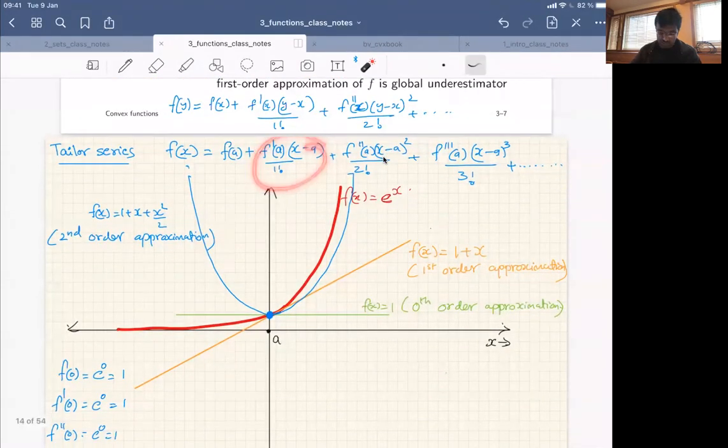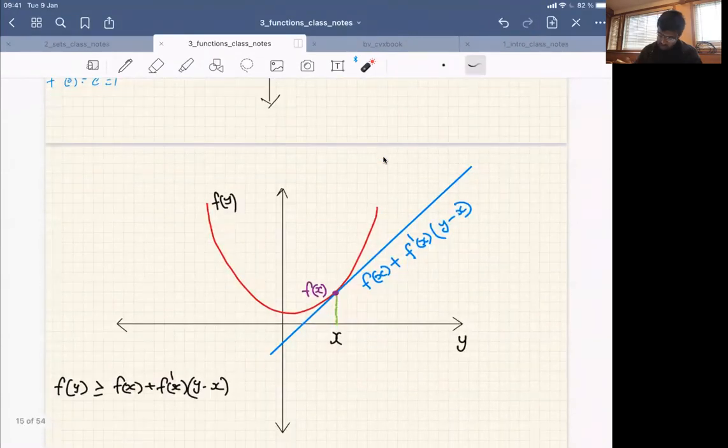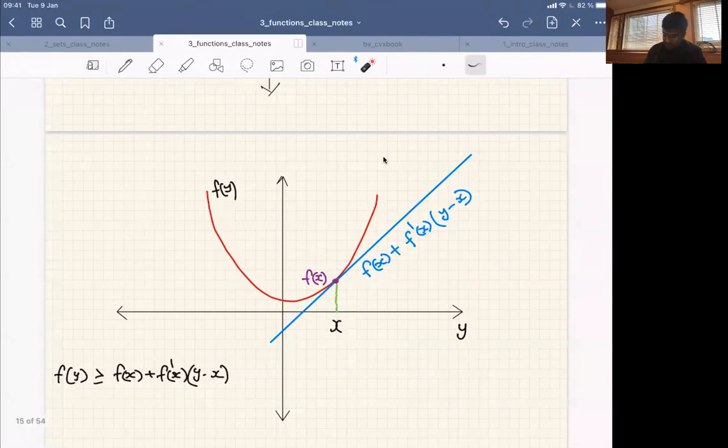Basically, this is the equation of this line. You can also get the equation of a line from the one point formula that you learned in high school. In this case you have a point, f of x, and a slope, right? Then you can get the equation of the line.